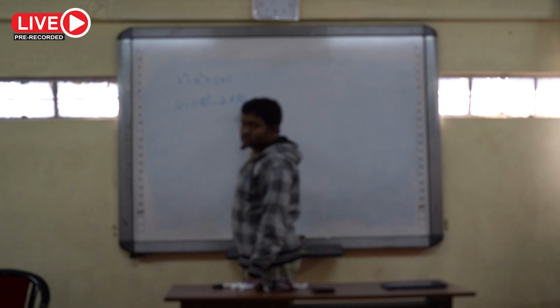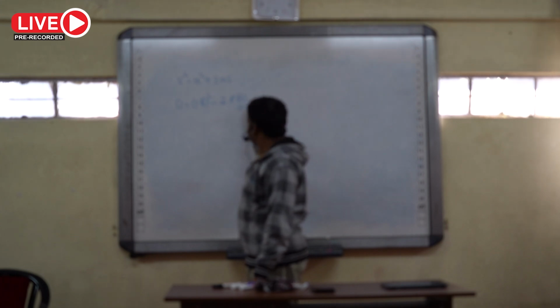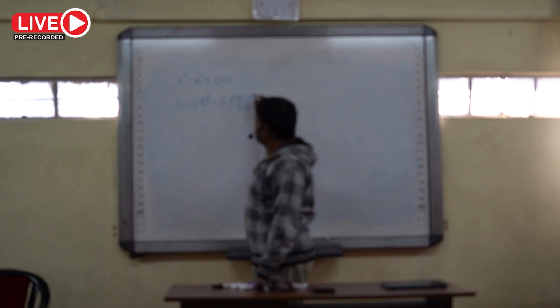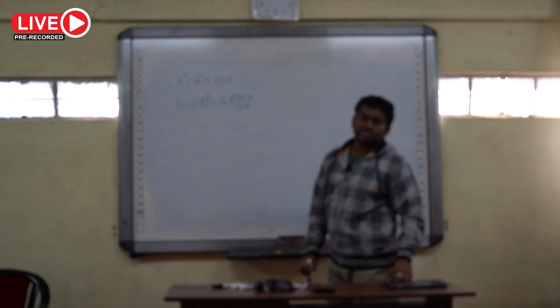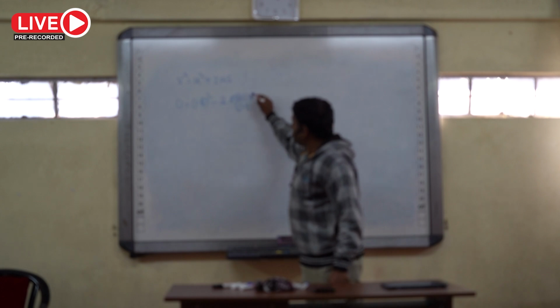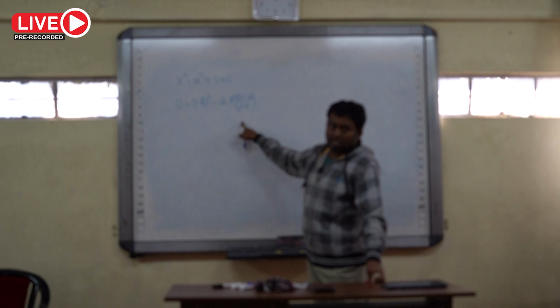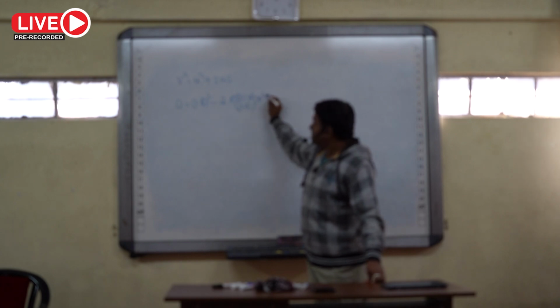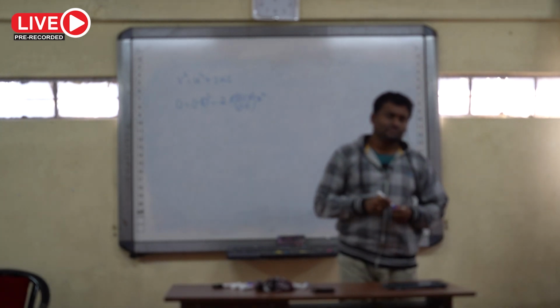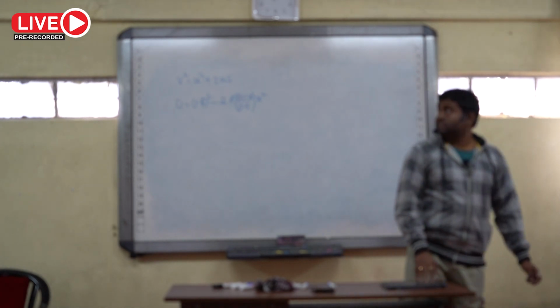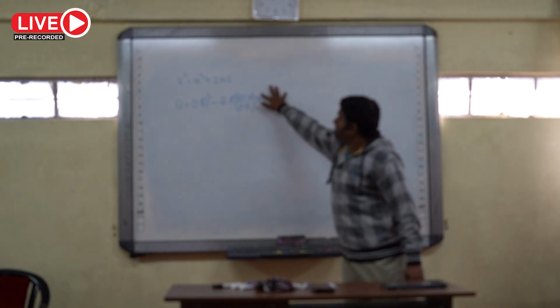Mass is given, 0.5, and another x is the distance traveled, s. So this is the acceleration term. Force means kx, times another x. Can we solve from this to find the value of x?